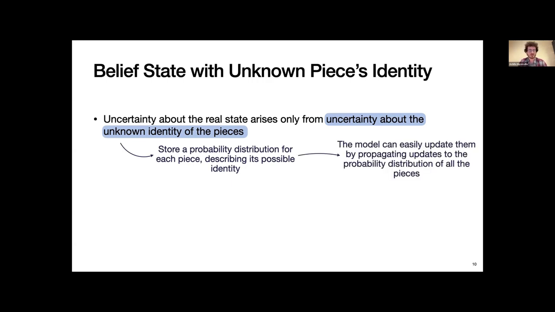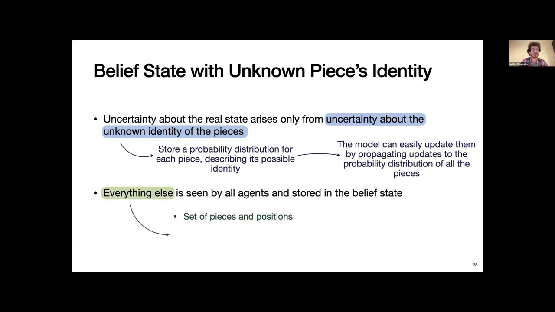And those probability distributions can just be updated easily by the model by just propagating any update to a piece to all the other probability distributions. And everything else in the belief state is actually seen by the agents. So everything else is visible in the game, and it is simply stored in the belief state.